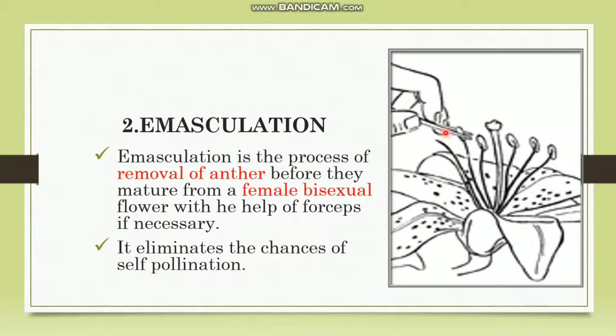This process of removal of anthers from the female flower is termed emasculation. But if the flowers are unisexual, then emasculation is not required on the female flower. Emasculation prevents self-pollination.